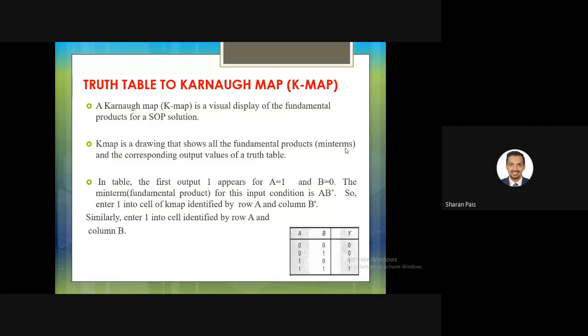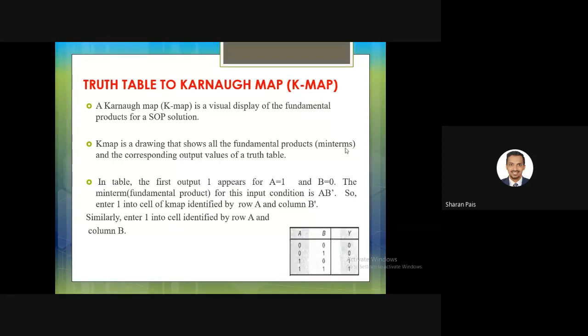Whatever equation you got just now may be simplified. I may get a smaller equation. In the previous example, I have a Y equation which has 5 terms, 5 AND operations. I can simplify those. So this is one of the simplification methods, K-map simplification.